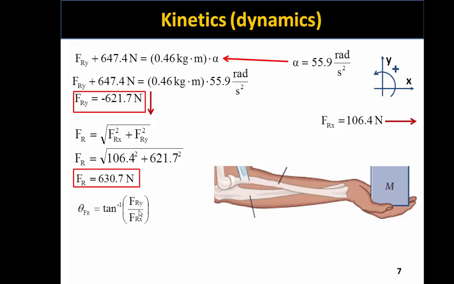We do this because we want to make our angle reference with respect to the horizon. And so by substituting the values that we've just previously computed, 621.7 divided by 106.4, and taking the arctangent of that value, we end up with a value of 80.3 degrees.